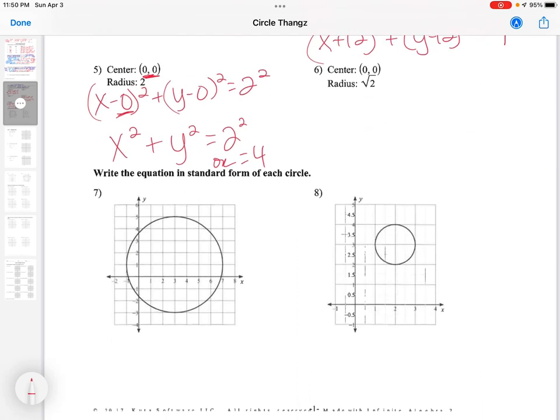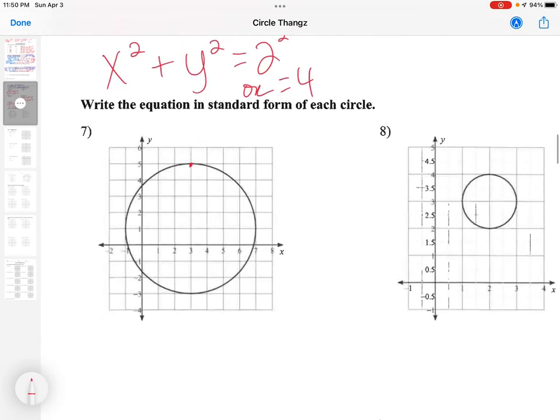Okay, on number 7, this is showing you how to write the equation in standard form when you're given a circle. So first you have to determine your center. I see here it crosses at exactly (3, 5) and (3, -3).